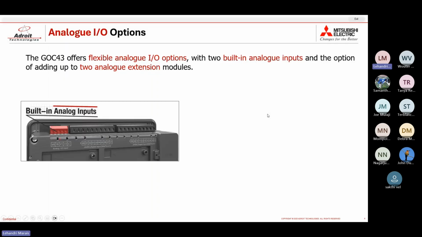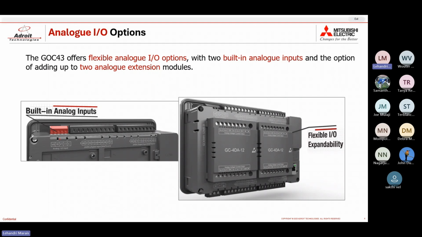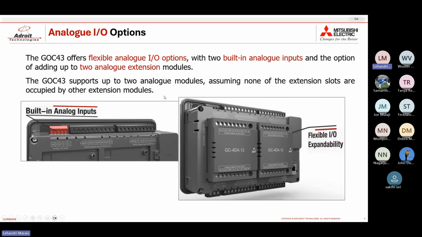So when it comes to your analog I/O options, you have two built-in analog input channels, as well as two I/O slots for extension modules. So you have two slots, meaning if you are already using another extension unit, you will only be able to add one more, or if you already are using two of the slots, you won't be able to add analogs.